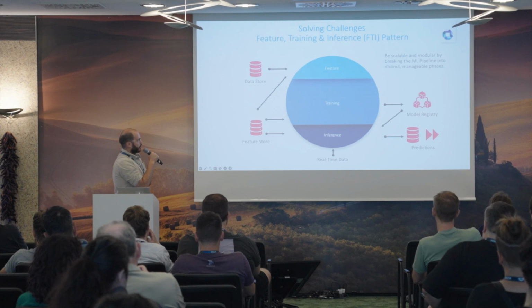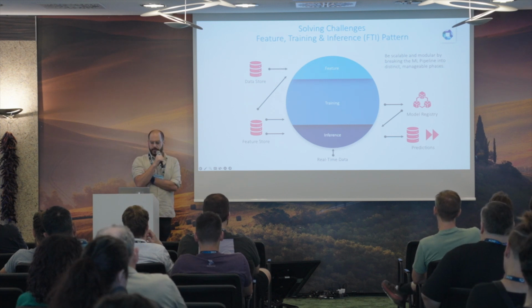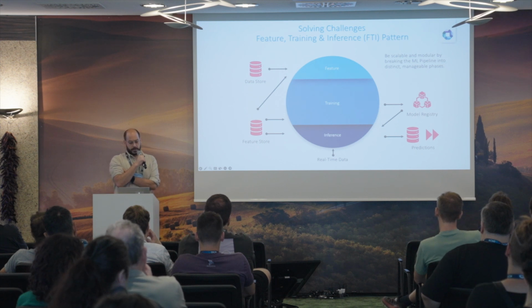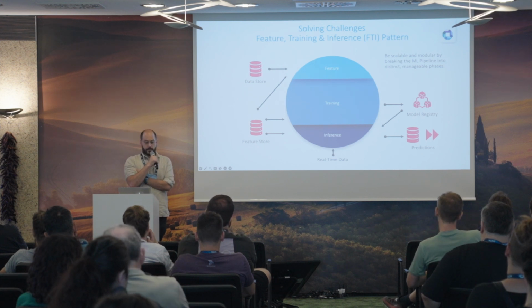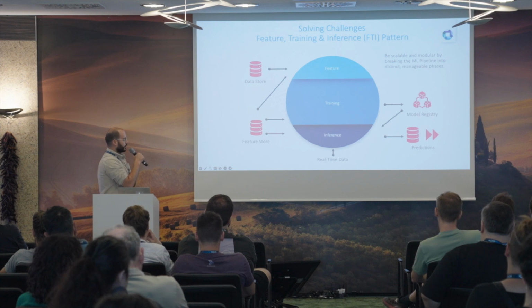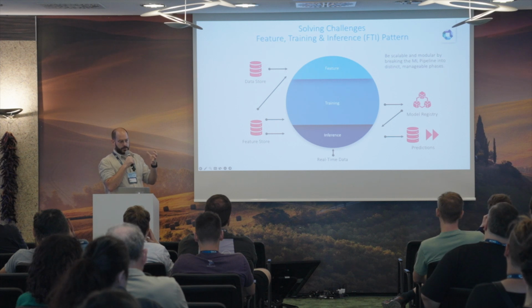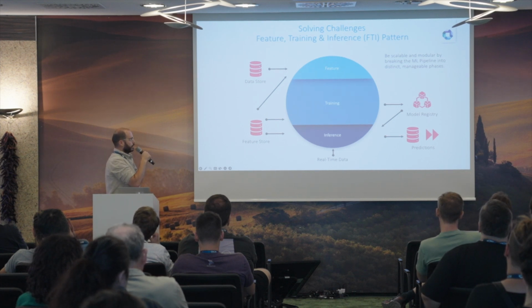We try to make the whole process modular, so that we can have different layers for feature, training, and inference in separate modules, to use and scale them up, and keep some parts in the cloud in a central place, and bring other parts closer to the devices.